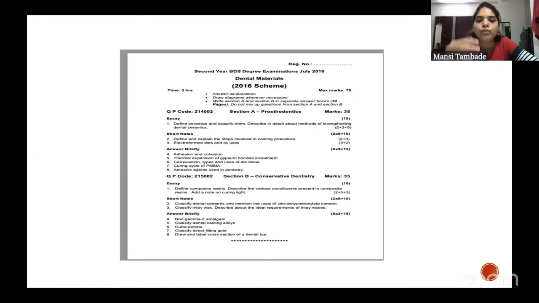So that spoon forms your sprue. It is a wax only, mainly a kind of soft wax which is stuck onto the wax pattern, and then we take it out. After that it is taken, kept aside, and sent for casting.